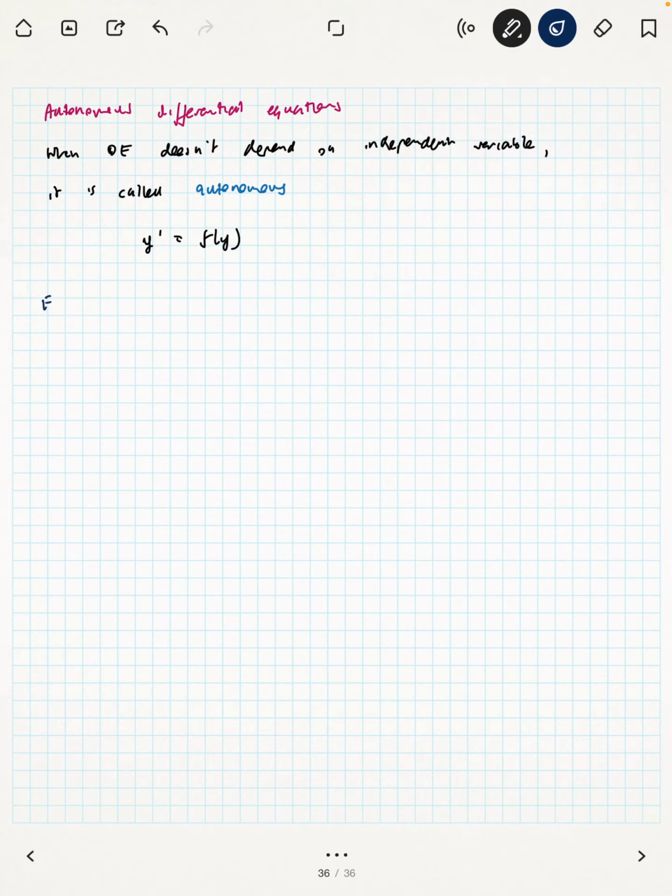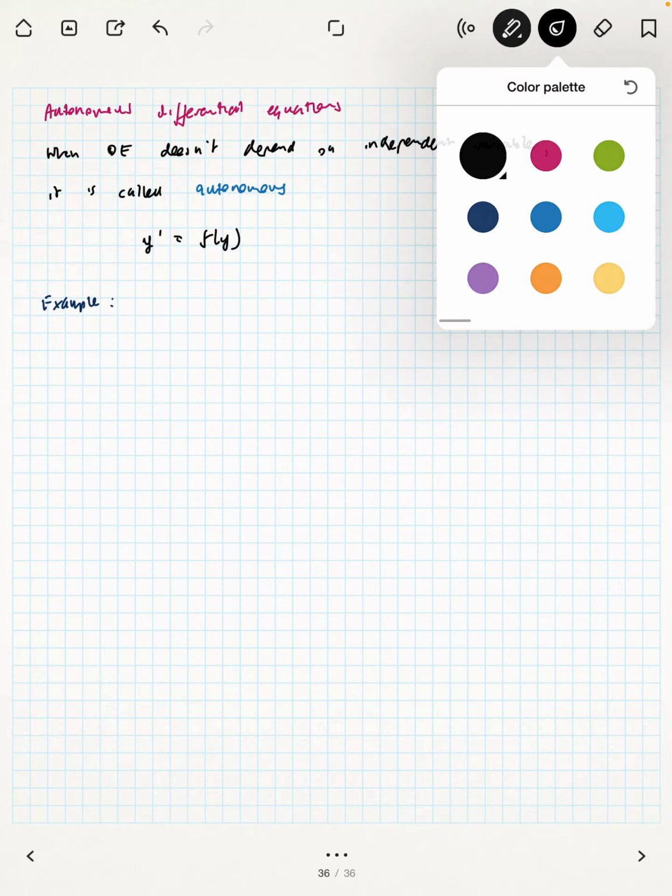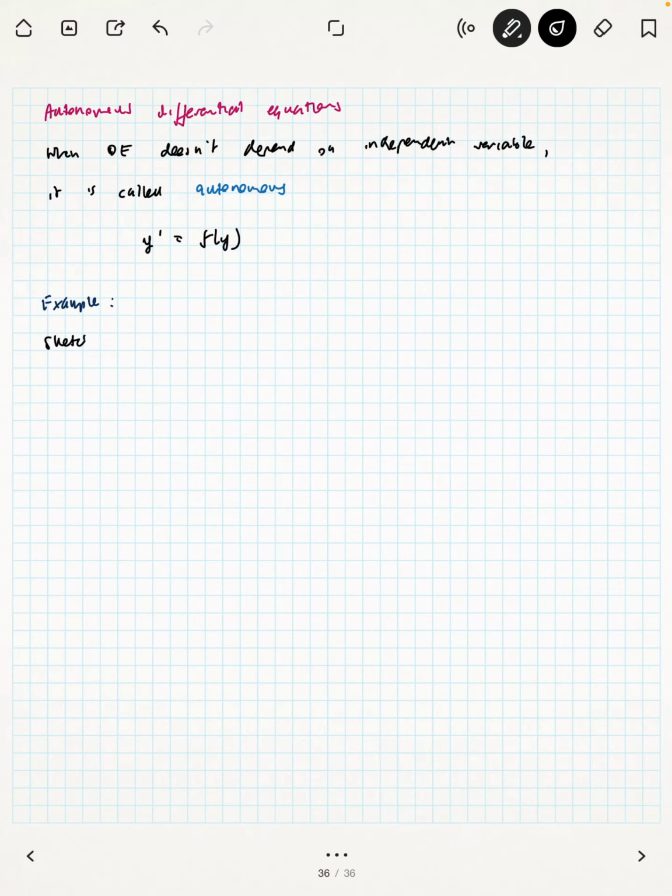So as an example, we're going to sketch the direction field of y prime equals k times (4 minus y) times (1 minus y).